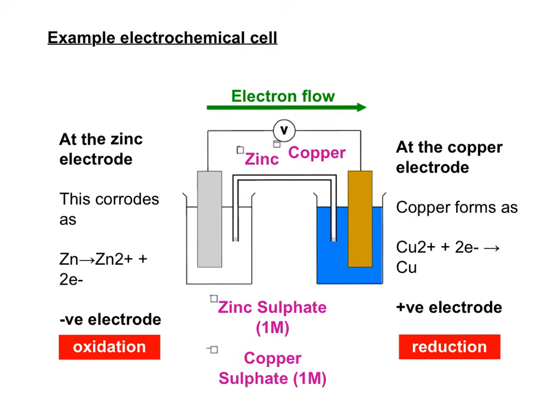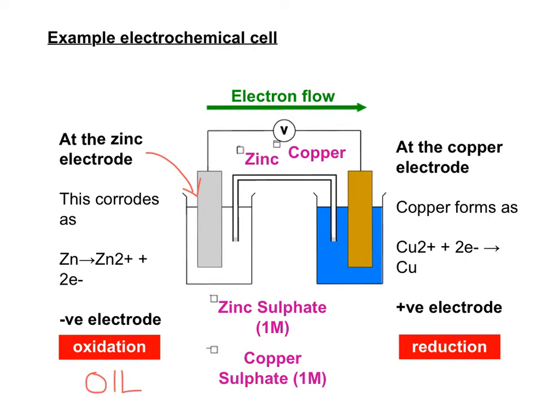Now, if we consider the same electrochemical cell, we're just finishing off by applying these half equations. At the zinc electrode, we know that we've got oxidation happening. We said that right at the start. These zinc atoms are giving up electrons to form zinc ions.